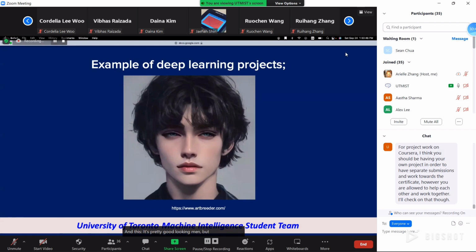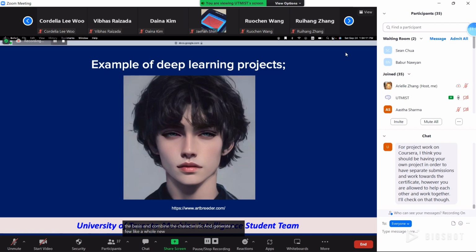But how it actually works is that, I attached the website there, it's completely free. You can generate your own character. It takes multiple source pictures, uses those as the basis, and combines the characteristics to generate a whole new human character.